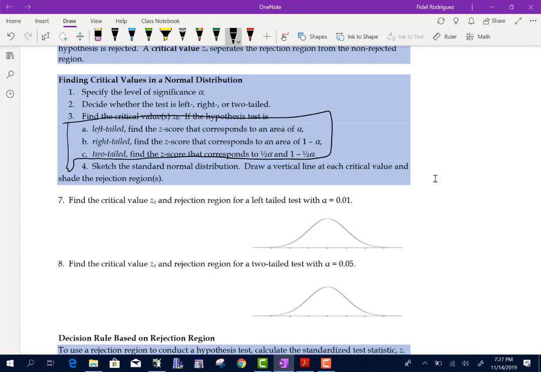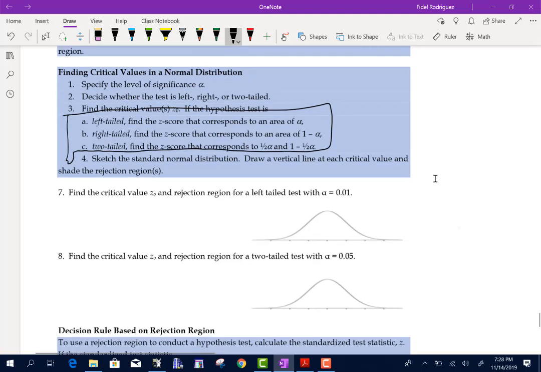So it says if it's a left tail test, find the z-score that corresponds to an area of alpha. If it's a right tail test, find the z-score that corresponds to an area of 1 minus alpha. And if it's a two-tailed, find the z-score that corresponds to half of alpha and 1 minus half of alpha. Okay, so sketch the normal standard distribution, draw a vertical line at each critical value, and shade the rejection regions.